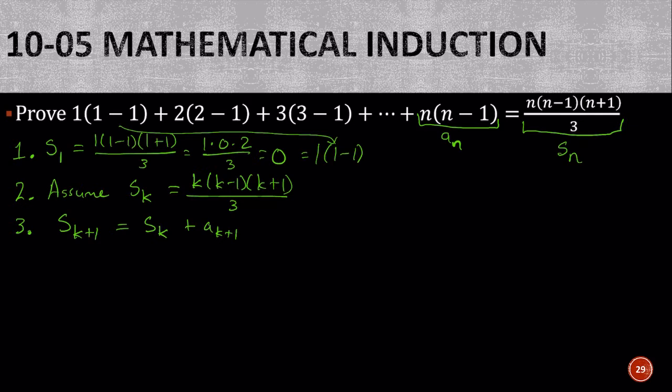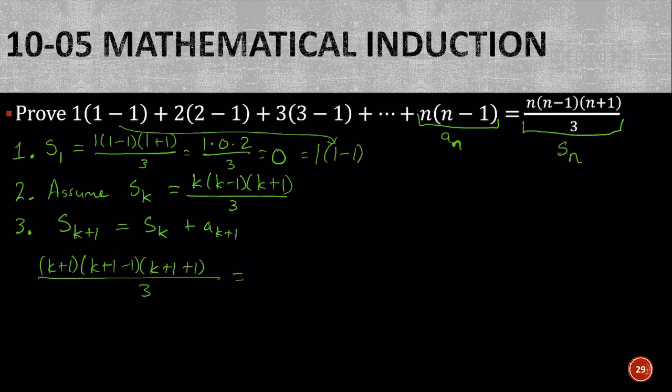So I'm going to take my sum formula and I'm going to replace the n with a k plus 1. So it's n times n minus 1 times n plus 1 over 3.